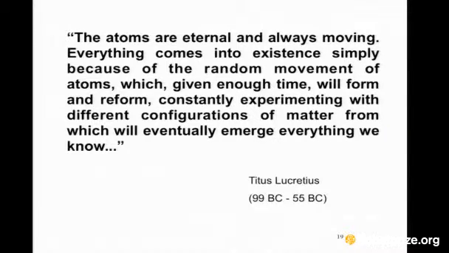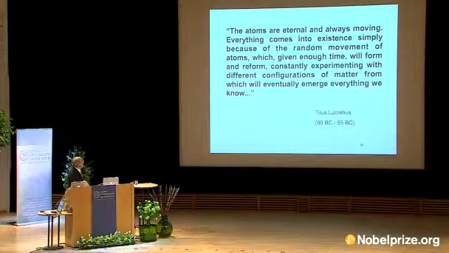Everything comes into existence simply because of the random movement of atoms, which, given enough time, will form and reform, constantly experimenting with different configurations of matter, from which will eventually emerge everything we know. Now, what exactly he meant by that, I have no idea, but it really is an amazing statement. And he never wrote anything else, but there it is.